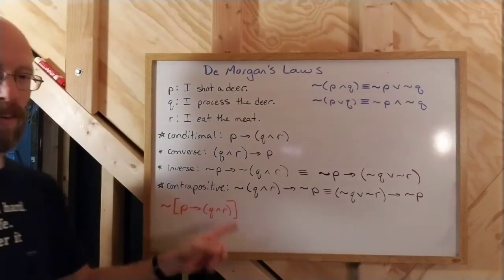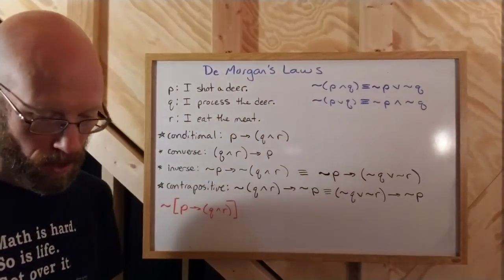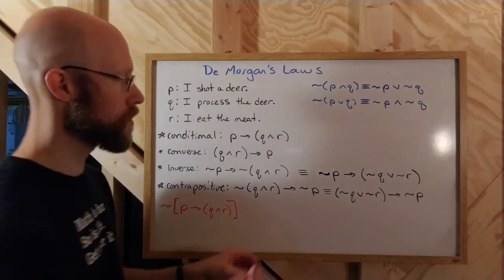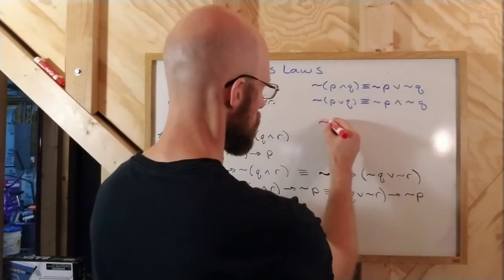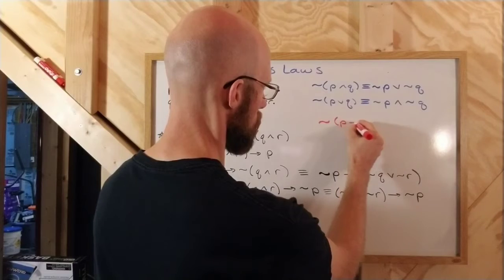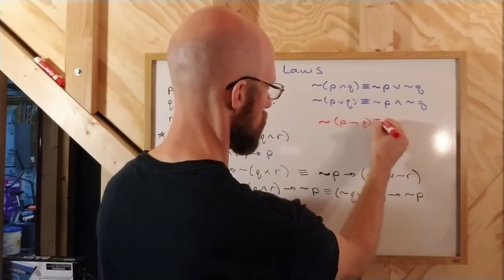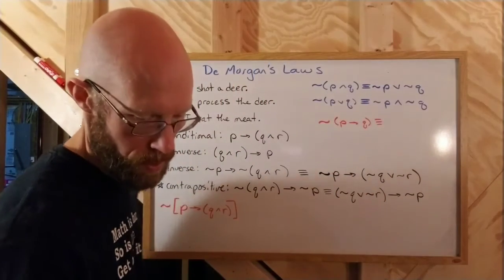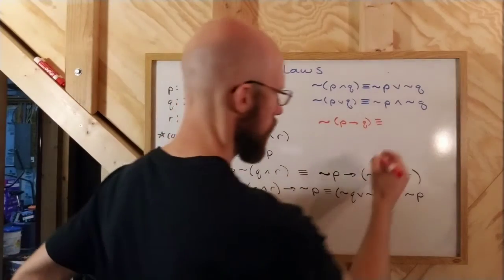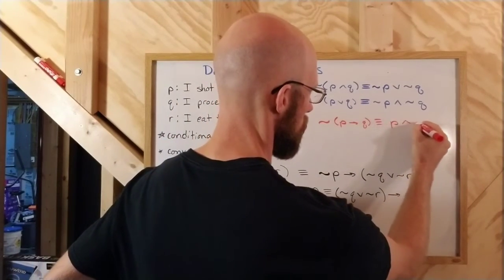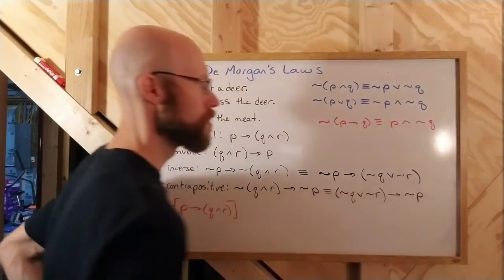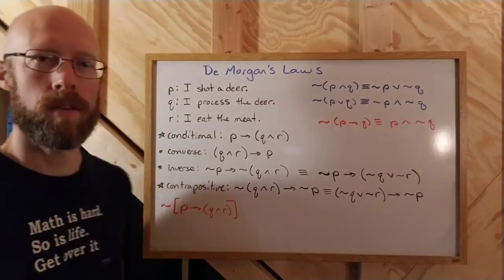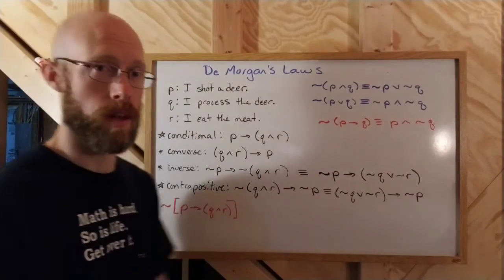That's quite a bit going on there, right? Now we've already seen that the negation of a conditional in general, not if P then Q, is equivalent to P and not Q, right? So that's something we've seen in a previous video.